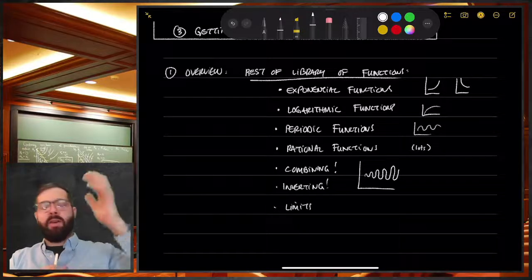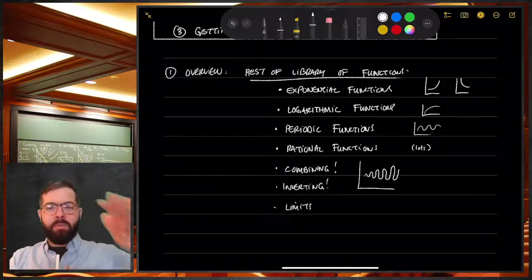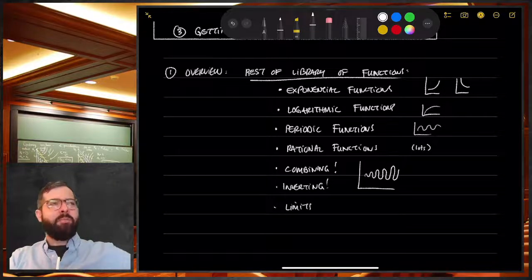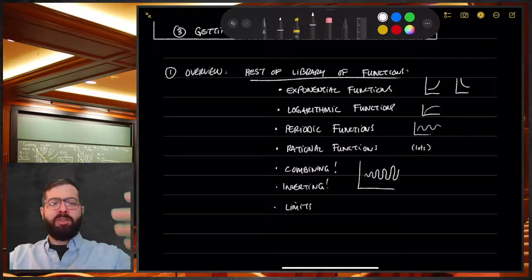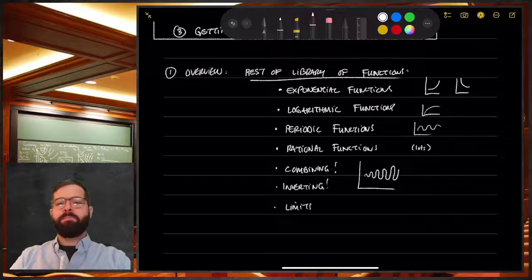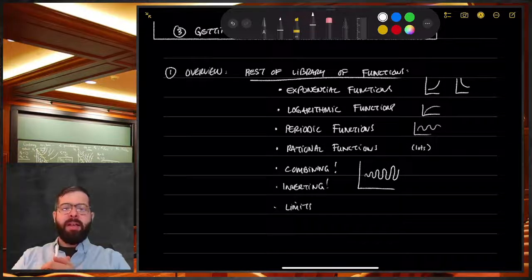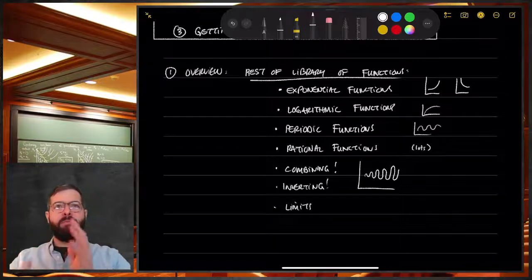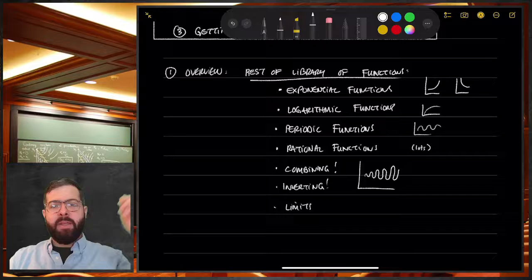Exponential decay, we have radioactive decay, things that also decay in proportion to how much there is of the thing itself, right? So that's just something we see in the world, and we can model that with math. Same with logarithmic functions, as we'll be coming up with in the second chapter. Logarithmic functions are the inverse to exponentials, and they mimic things that spike really quickly, but then taper off over time.